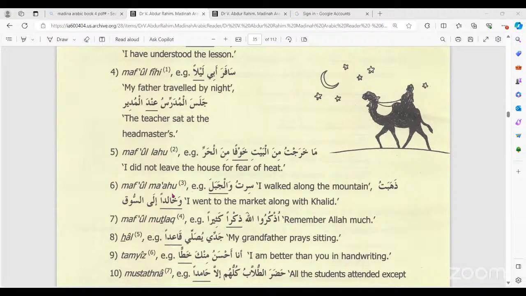Imlak means this financial restraint. Allah says, "Nahnu narzuquhum." We shall provide for them. So this is called maf'ul lahu, where the object comes as a means of explaining why the verb is happening.